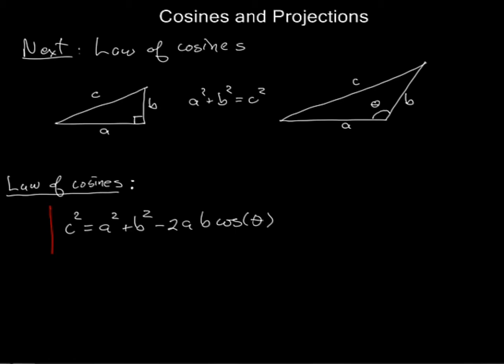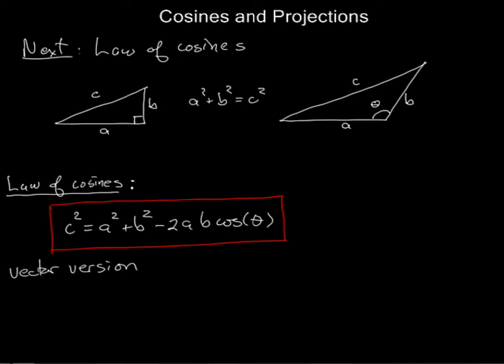So I like to think of this as being the Pythagorean theorem, a squared plus b squared, minus a correction term, 2ab cosine theta, which is 0 if theta is a 90-degree angle. We're thinking in terms of vectors, so let's look at the vector version of this. Suppose you have two vectors v and w. Well, you complete a triangle, and the third leg of the triangle is the vector w minus v.